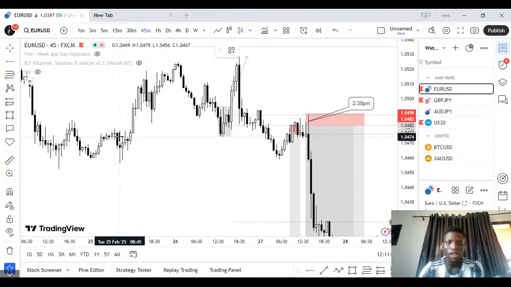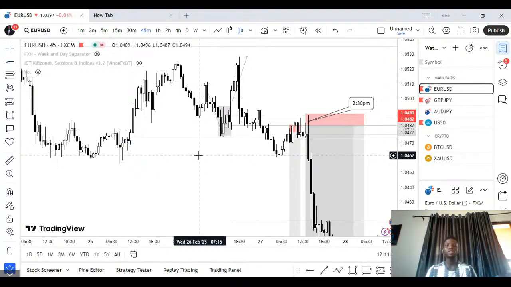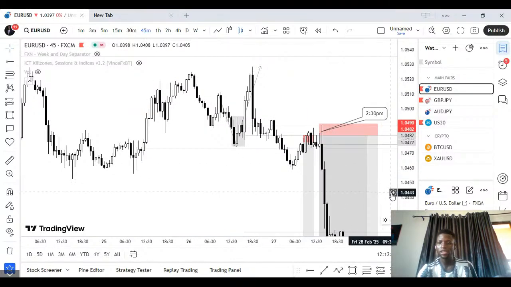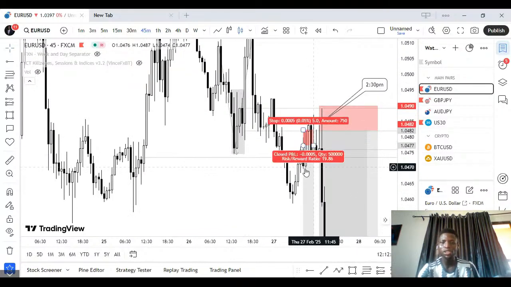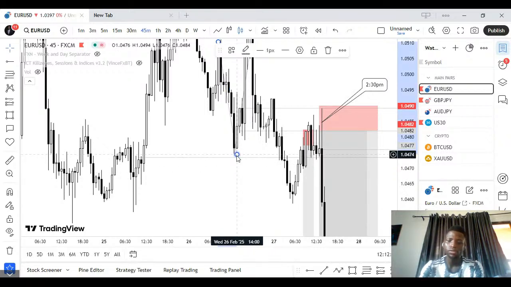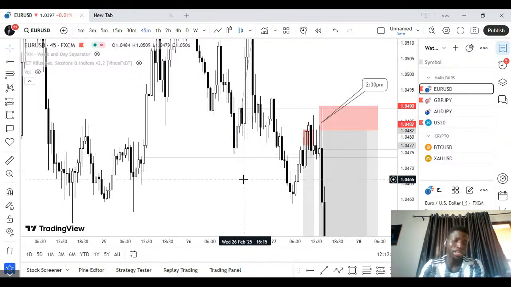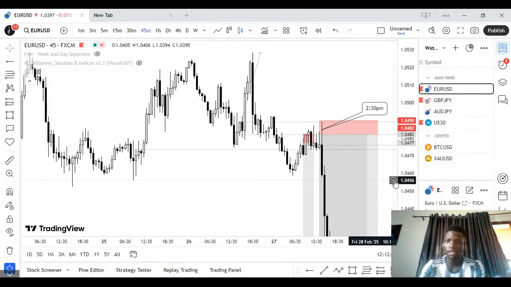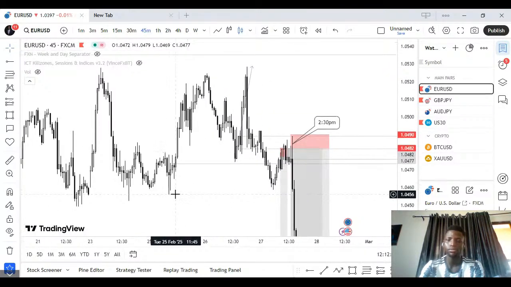I just wanted price to hit it, notify me, and I'll come and take a buy. As you can see, very unfortunately, price only got very close to that place and turned back. What did I do? I left it. Yes, I left it. That's what you do.